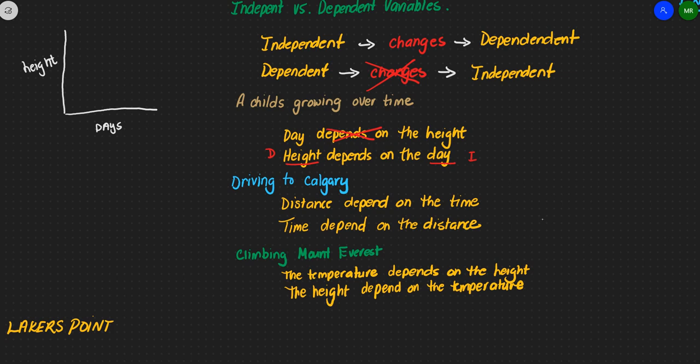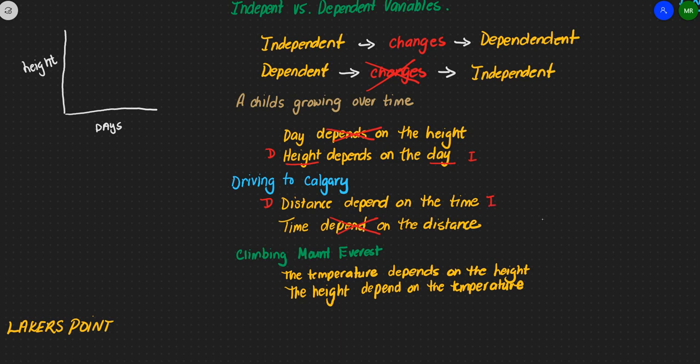Well, think about that one. Well, in this case, the time doesn't depend on the distance, because the longer I drive, the further I get. So the distance is the dependent variable, and the time is the independent variable.